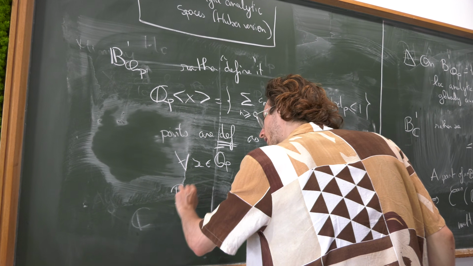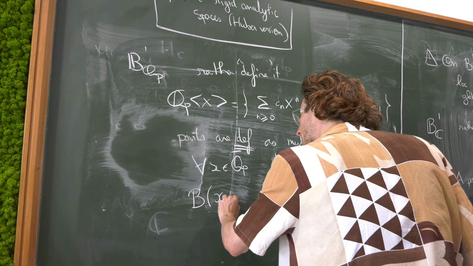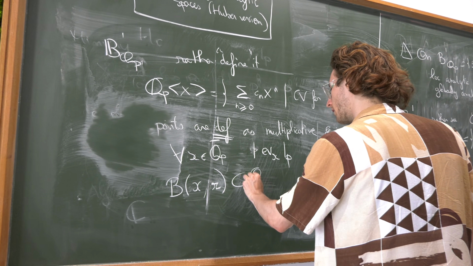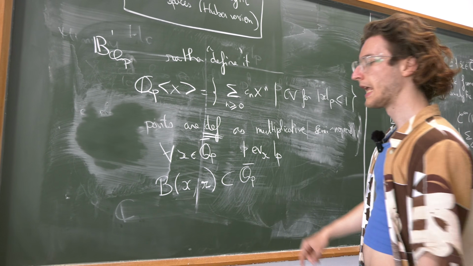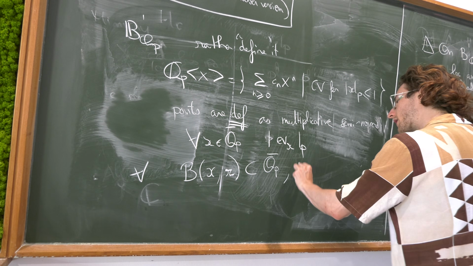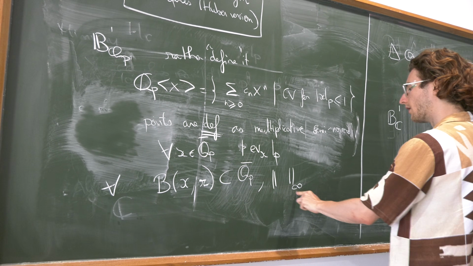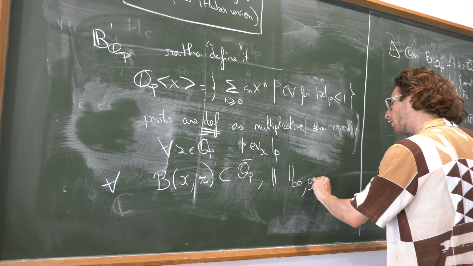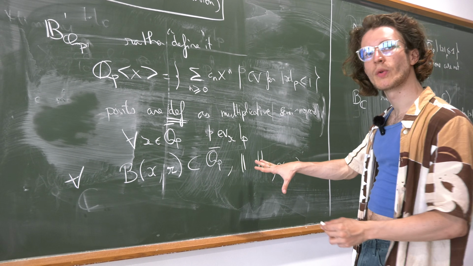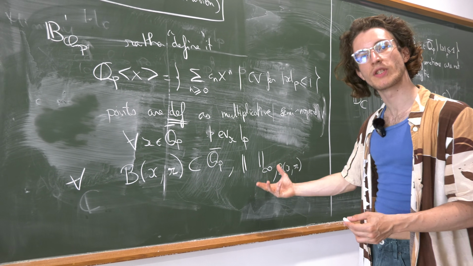Because if you look at the ball with center x and radius r inside of Qp bar, then for every such ball you can talk about the norm infinity on this ball. Okay. And this also defines a multiplicative semi-norm.